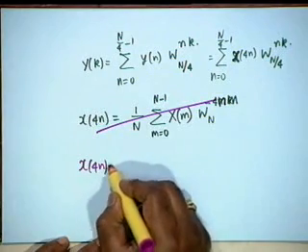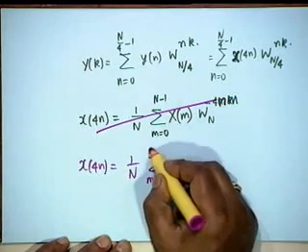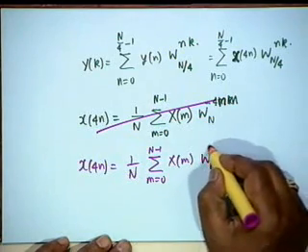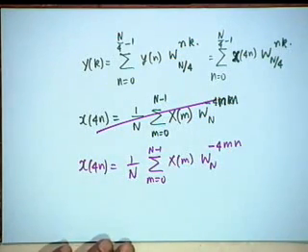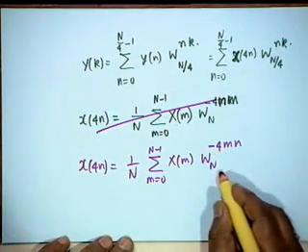X of 4n is equal to 1 over n summation m equal to 0 to n minus 1 capital X of n Wn raised to the power minus 4mn. Have I done it correctly now? Good. Now this 4 I can bring here.